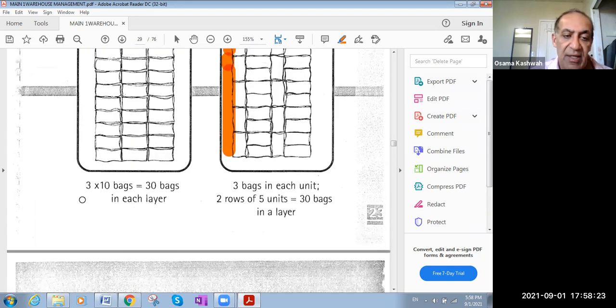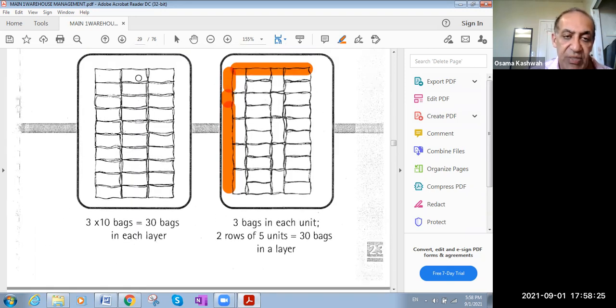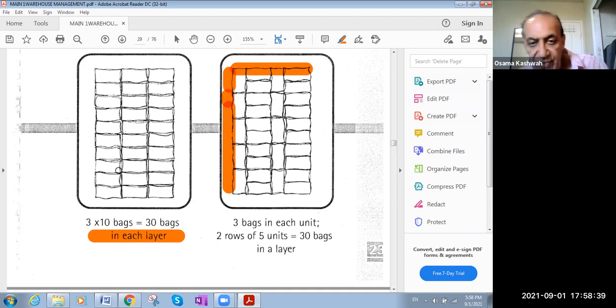Okay, 3 by 10 bags. This is 1, 2, 3, and this is 10. So there are 30 bags in each layer. An example here: 3 by 1, 2, 3, 4, 5, 6, 7, 8, 9, 10.